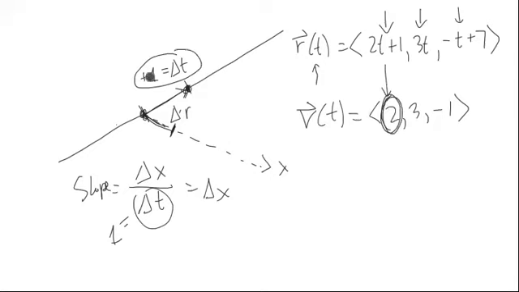So we know if we have a run of 1, then in the x direction we have a rise of 2. In the y direction, we have a rise of 3. And in the z direction, we have a drop actually of -1. And so in this sense, the derivative that we've been talking about has a lot to do with projections, just in different directions, because we can think of there being 3 different rises. So 3 different rises for one single input value.